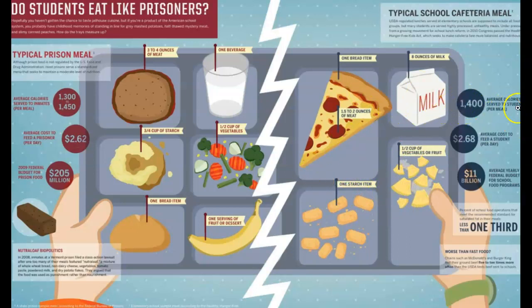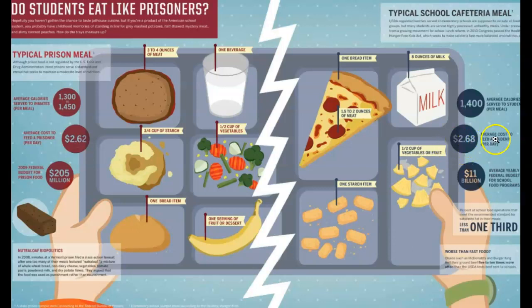And then it says an average calories served to students per meal, 1,400. How does that compare with the prisoner over here, 1,300 to 1,450? Yeah, it's right in line with each other. So it's about the same.